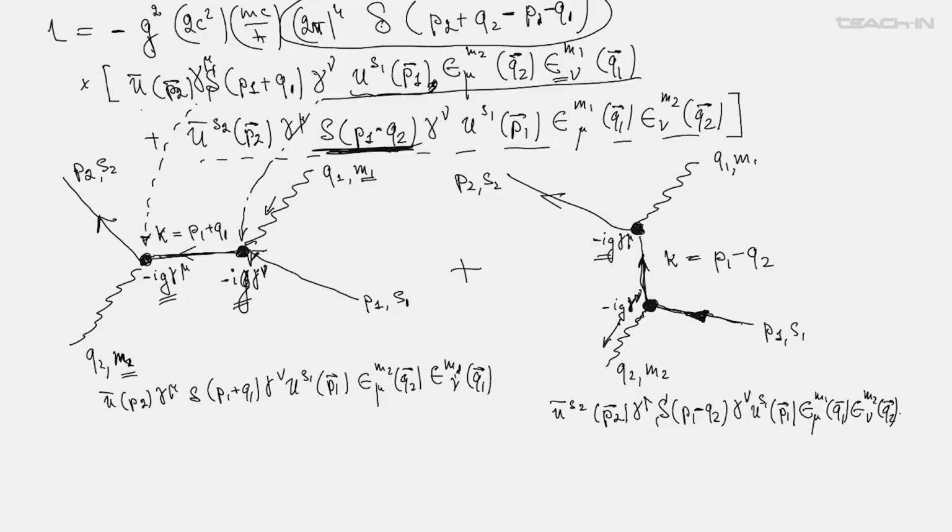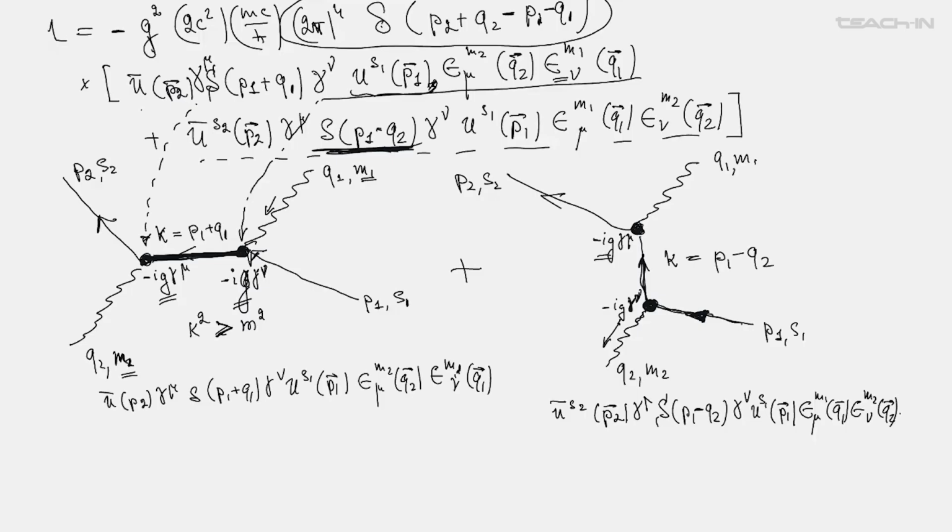So for the first diagram, the virtual electron, the electron which propagates in between these two vertices, has k squared bigger than m squared, bigger than the mass of the electron, right?